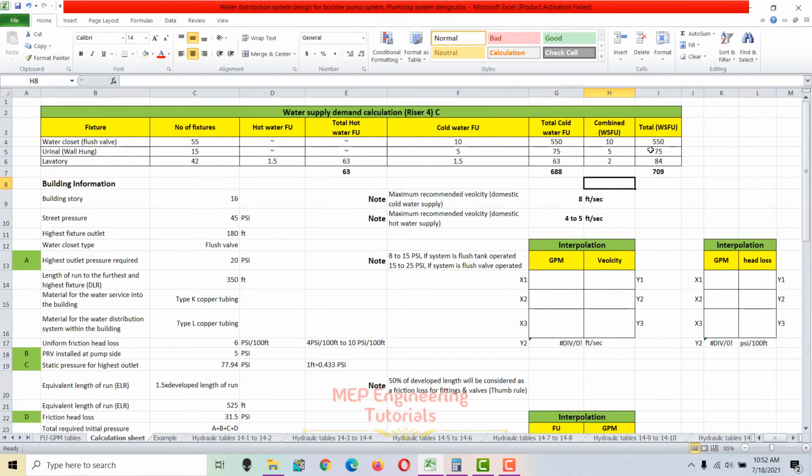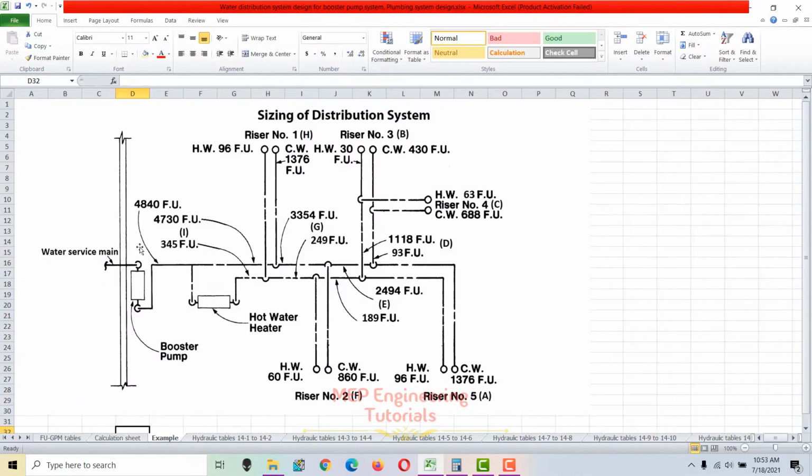And the reason why I have calculated the total water supply fixture unit is because when we do the sizing for this section, from the pump discharge up till this point where the connection is taken off to the hot water heater, this line and the water service main will be sized based on total water supply fixture unit values.